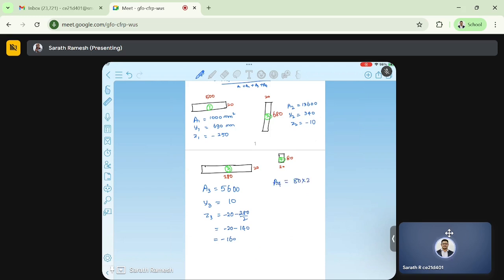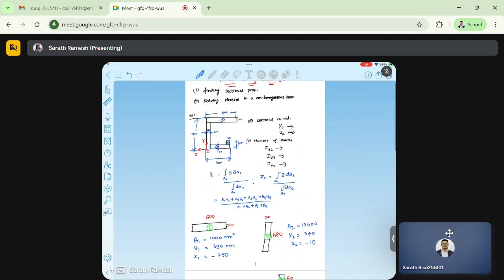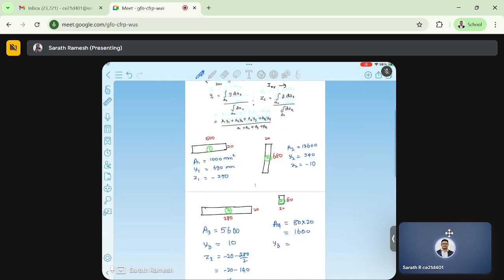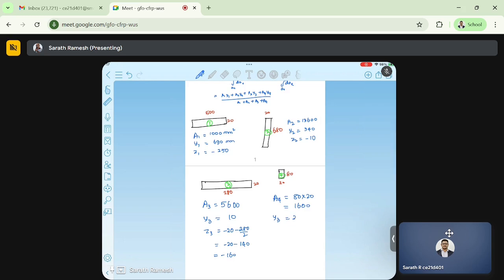80 times 20, which is 1600. What is Y3? Y3 is 20 plus 40, so 60. What is Z3?